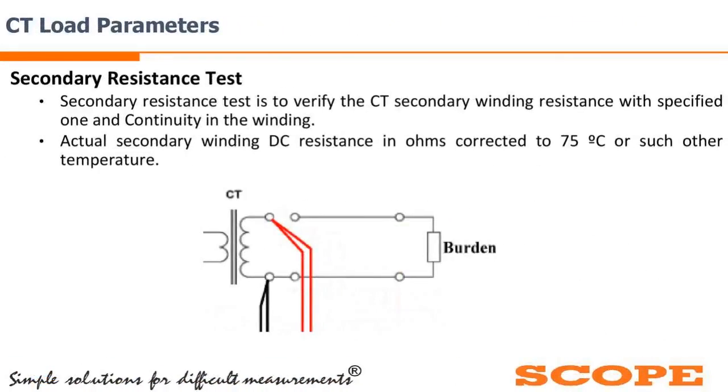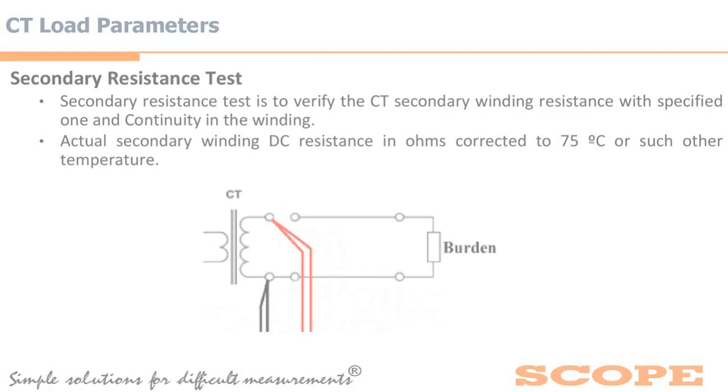Then under CT load parameters, we need to carry out the secondary resistance measurement of the current transformer. Here you can see, to measure the secondary resistance, we need to inject rated current from the secondary side, we will get a voltage drop, and after that we will check the actual CT secondary resistance.